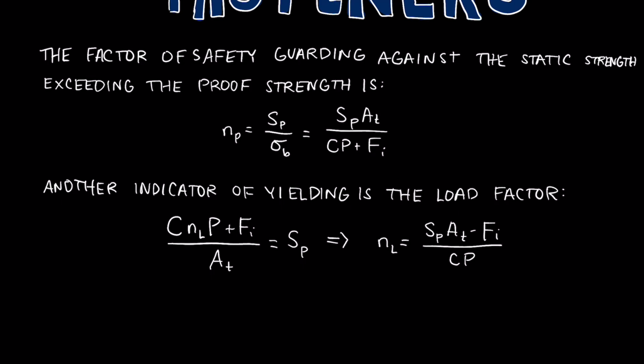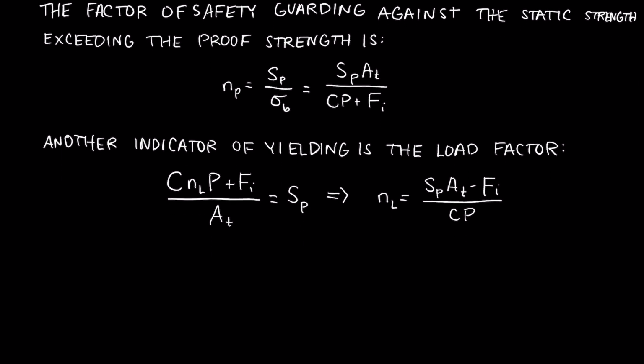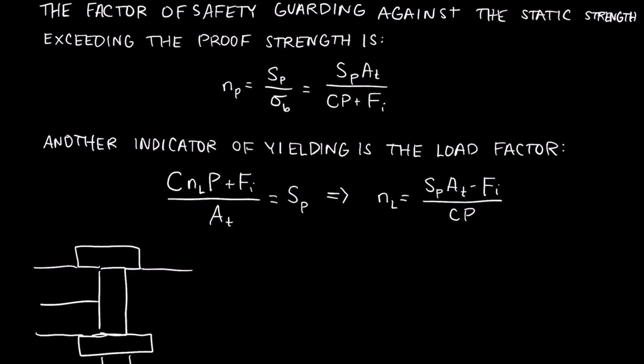Okay, and then the last factor of safety that we're going to use to predict failure of a bolted joint is the joint separation factor. So remember that if we have a bolted joint, and let me quickly draw one. As we apply an external load, tensile load, to this bolted joint, the joint factor C tells us how much of this external load goes to the bolt.